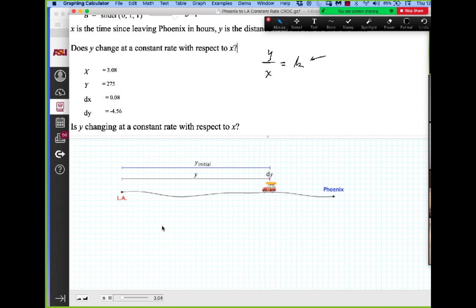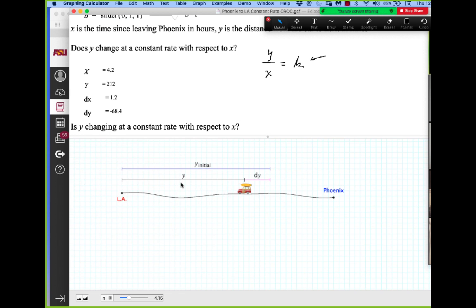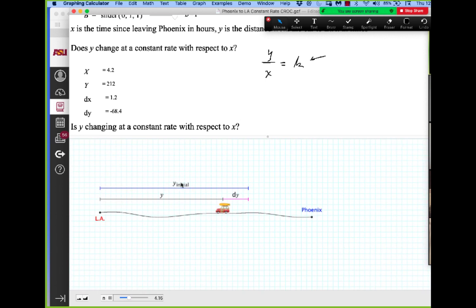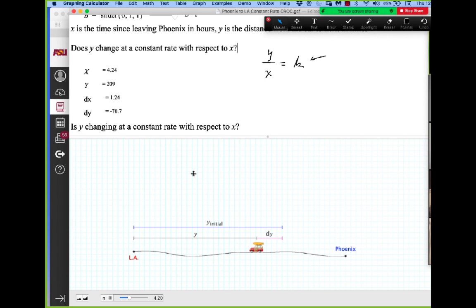So now I'm showing you dx and dy. Any thoughts about the same question? Is Y changing at a constant rate with respect to X? Okay, maybe that didn't change your mind at all, or you don't have new thoughts, that's okay.